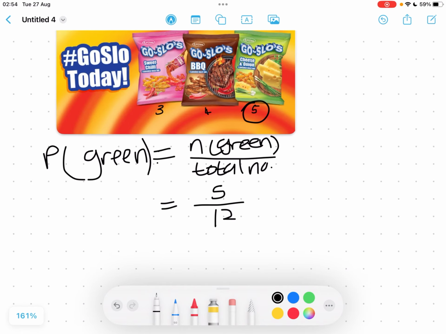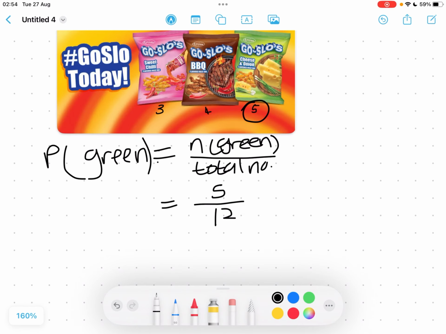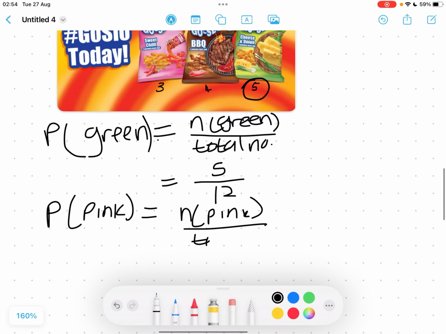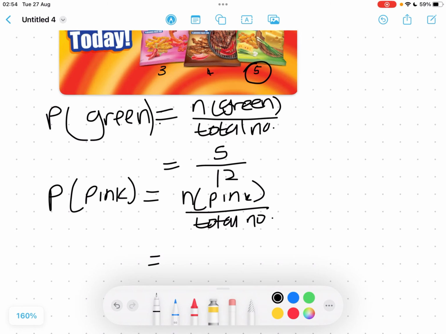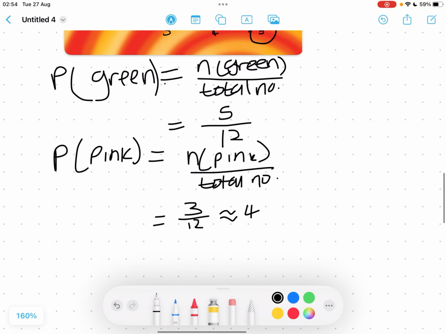Say now we want to know the probability that the packet of snacks will be pink. P(pink) is equal to the number of pink divided by the total number, which comes out to be 3 over 12, which gives me 1 over 4.